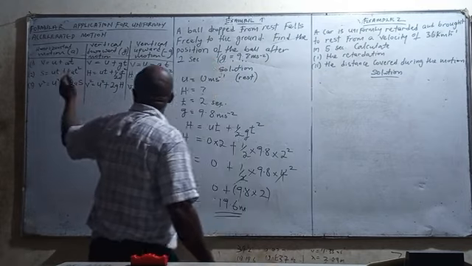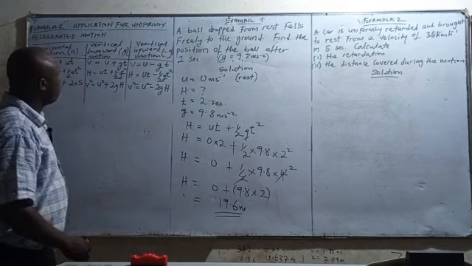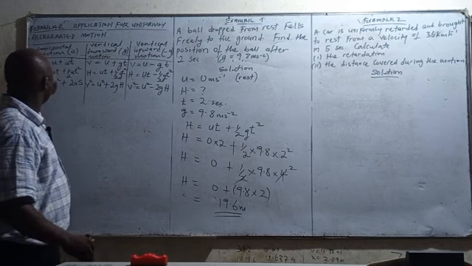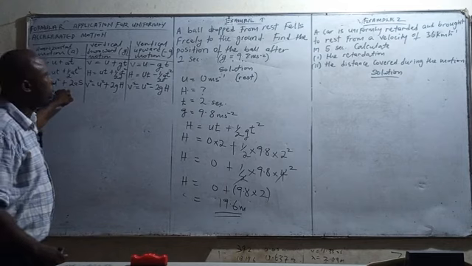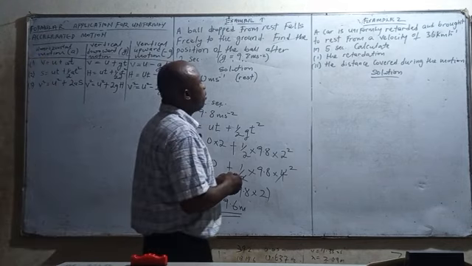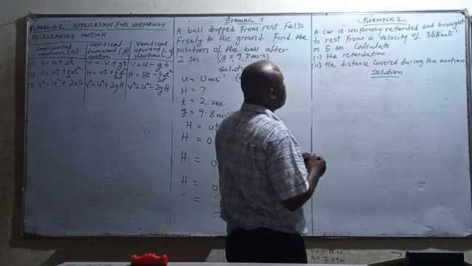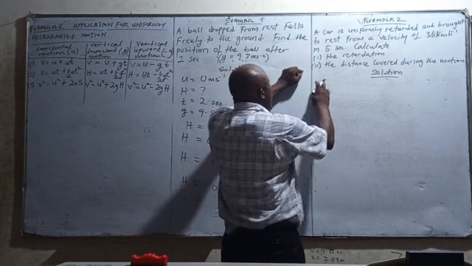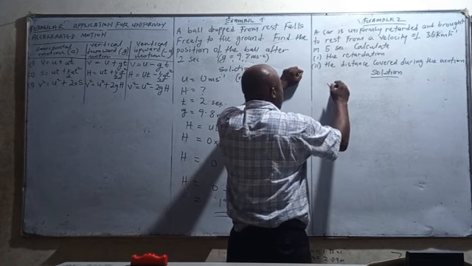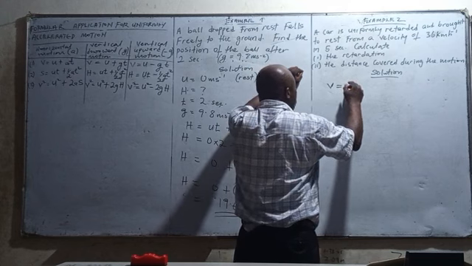So we are going to choose our formula from here: v equals u plus at, s equals ut plus half at squared, then v squared equals u squared plus 2ax. Now, a car is uniformly retarded and brought to rest. For a retarded motion, v is equal to 0.